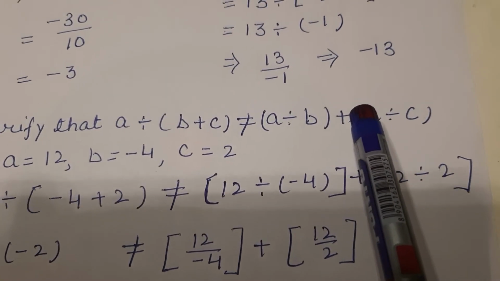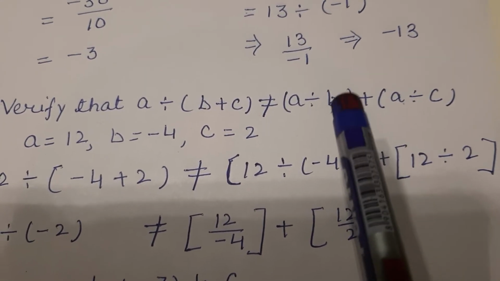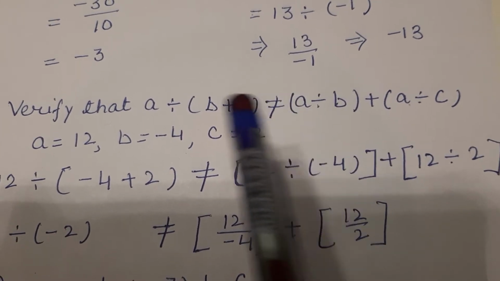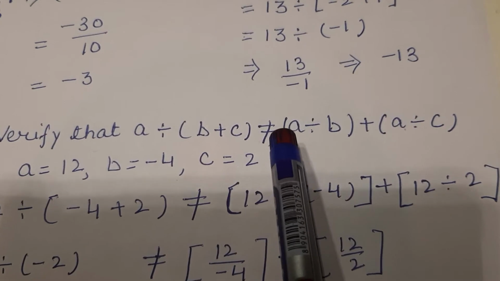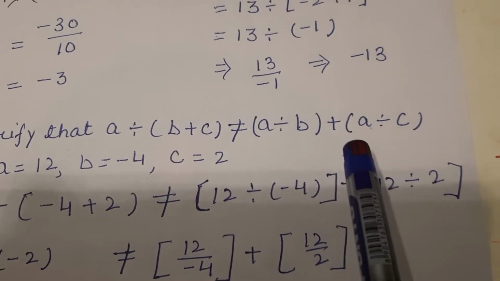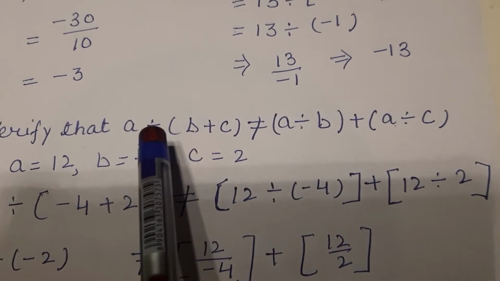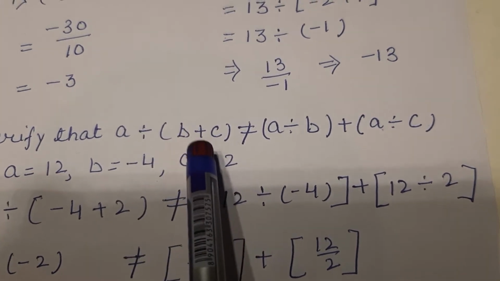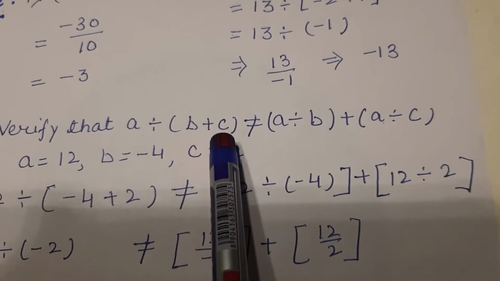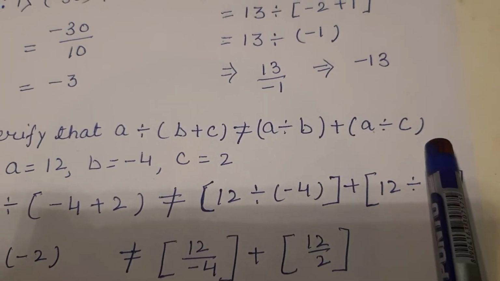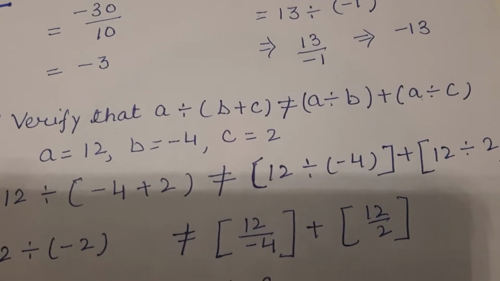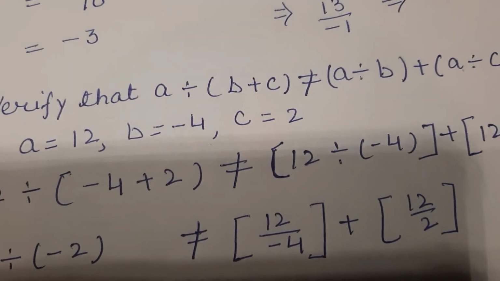We already knew this, but now we will verify it by taking examples. So a divided by (b plus c) is not equal to a divided by b plus a divided by c. Like multiplication, this a will be divided by b, then this sign, then again a will be divided by c. Clear? Now we will verify it by taking some values.